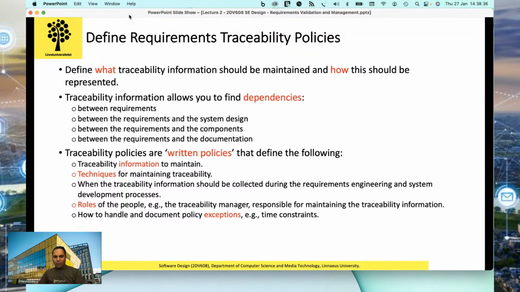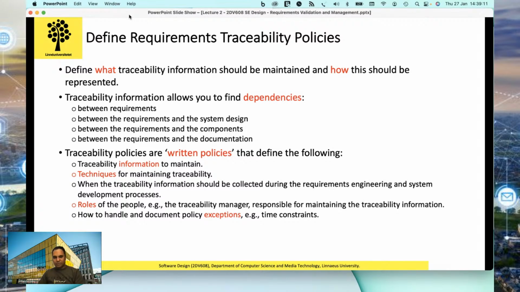And then the stakeholders or the people and their various roles as part of the traceability policy. So which people are responsible for maintaining this traceability database or data set, which people will be responsible for, let's say, handling the change request, which people will be responsible to convey the change to the developers, and so on.